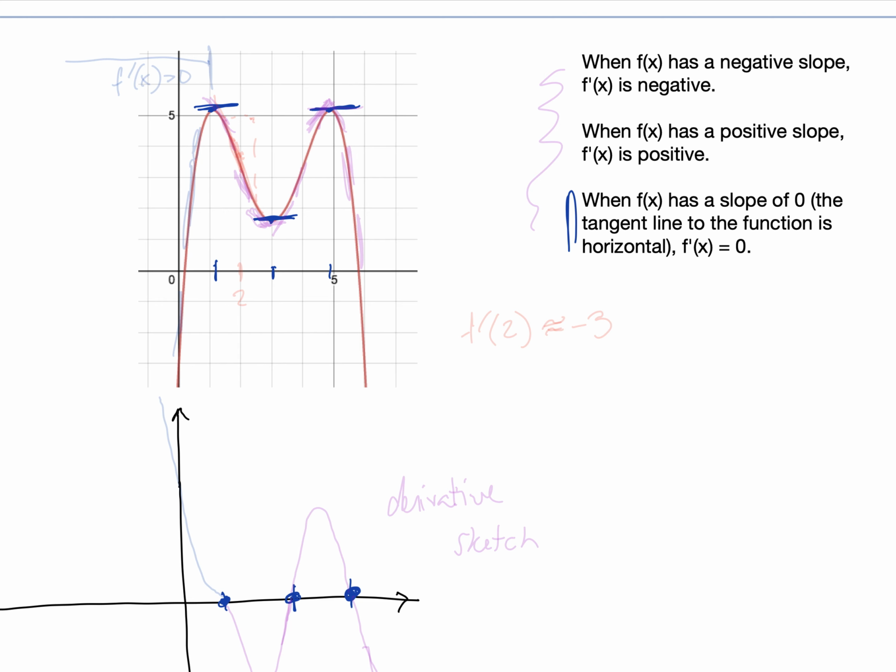Okay, what else could we say here? Before that point, f prime of x is greater than 0.